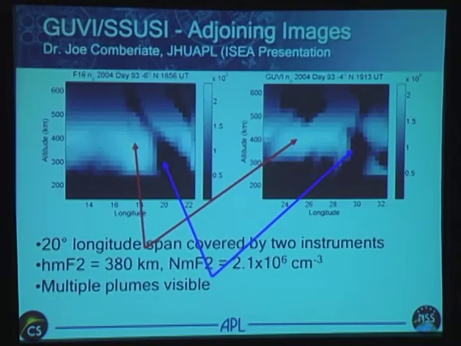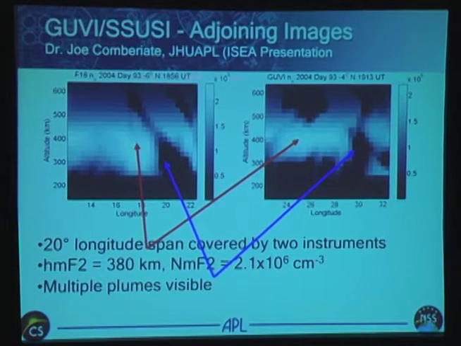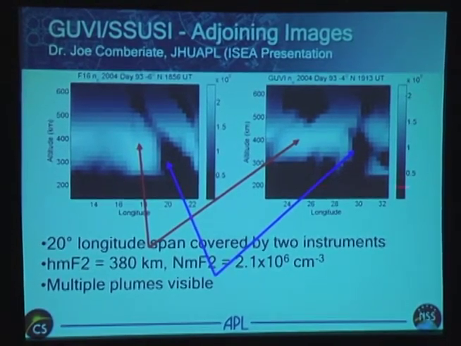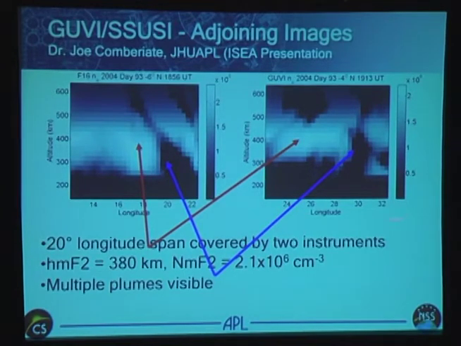Here's another one. We have GUVI and SSULI, both of which do limb scans horizontally using the 1356 radiative recombination. These two instruments are not very far apart from each other, and we're seeing these different little maps in longitude, not too far apart in time, and we're seeing the ability to image multiple bubbles.